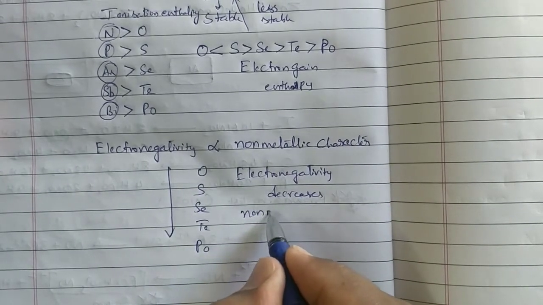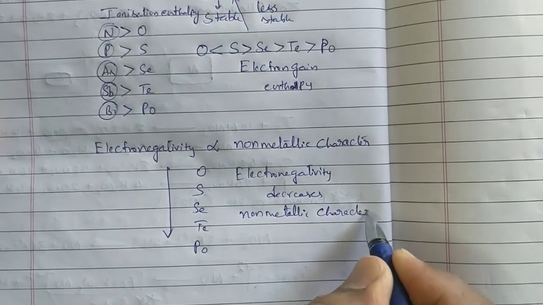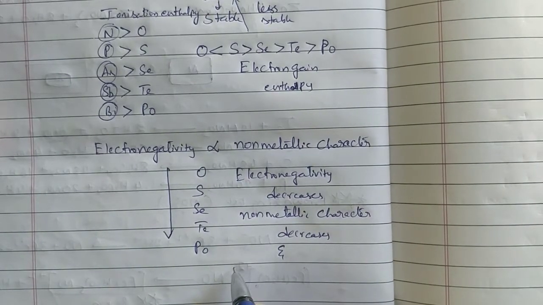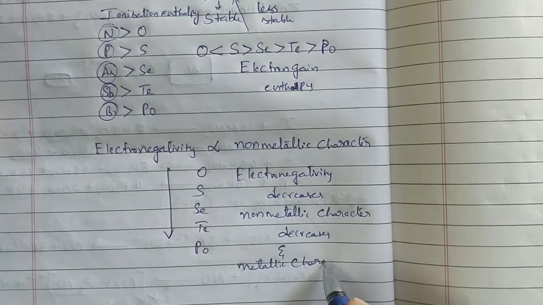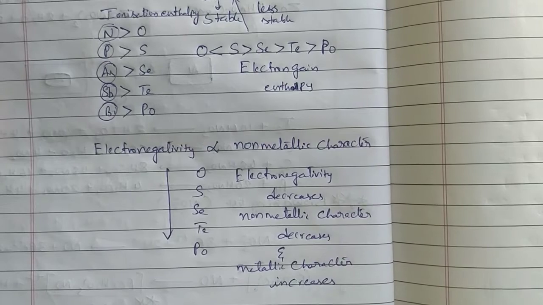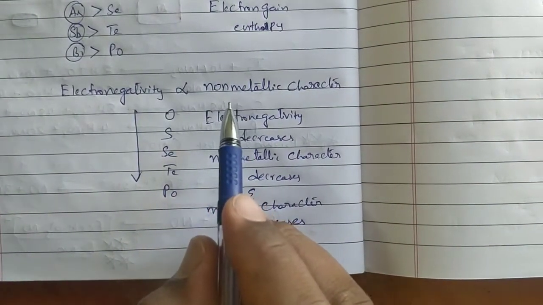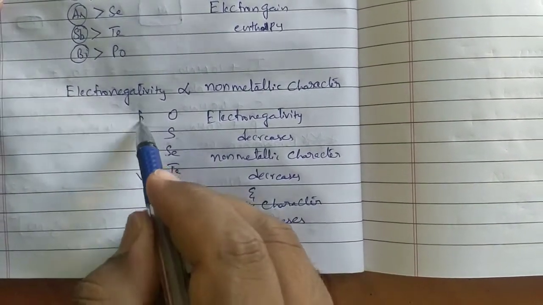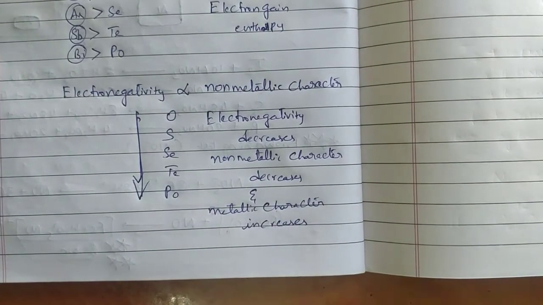Then non-metallic character decreases and metallic character increases.